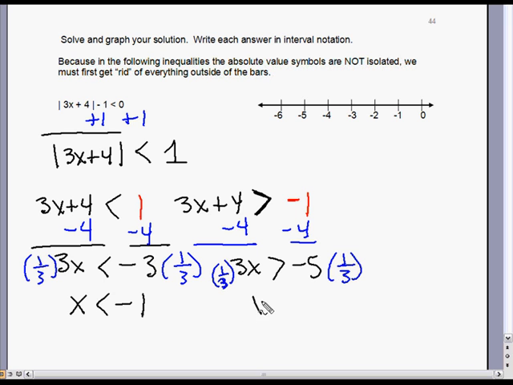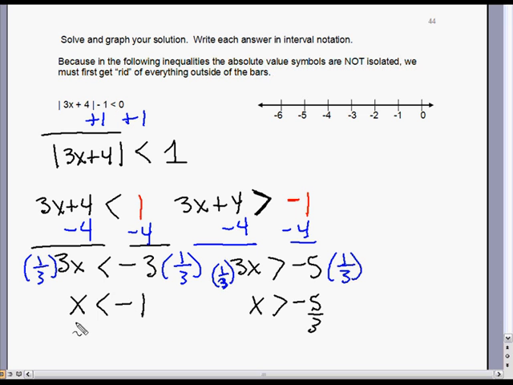We now have x is greater than -5/3. So this started as a less than, which usually implies that you will have answers trapped between 2 numbers.